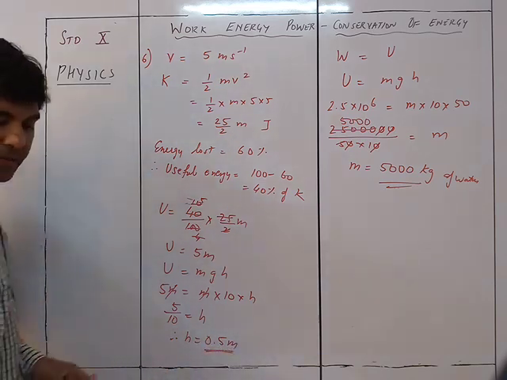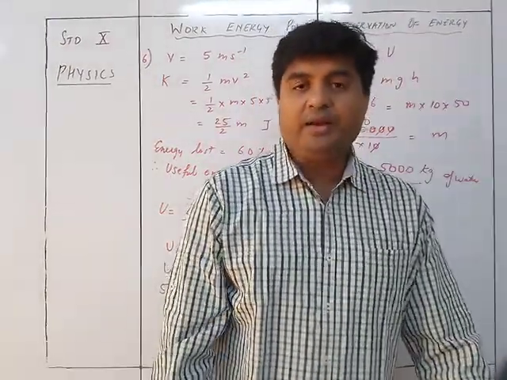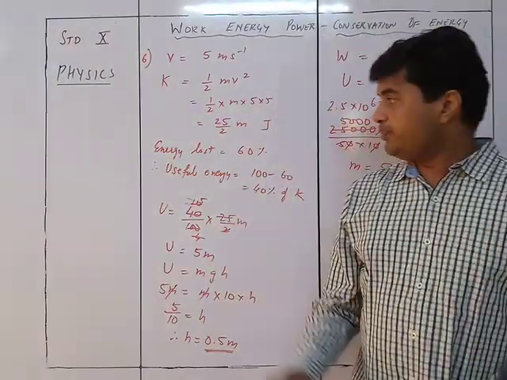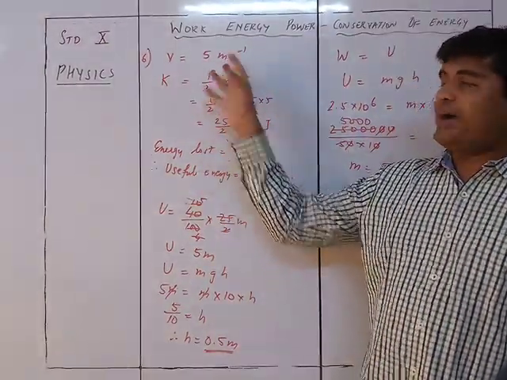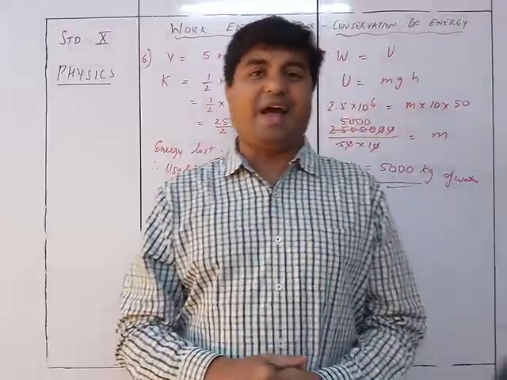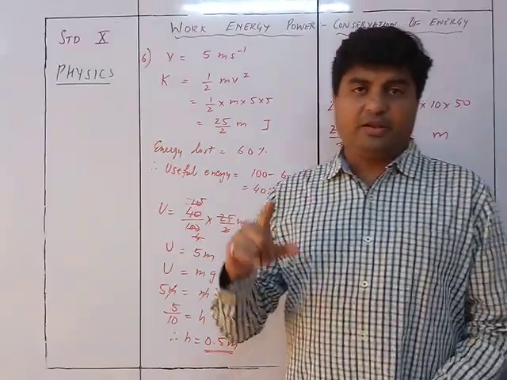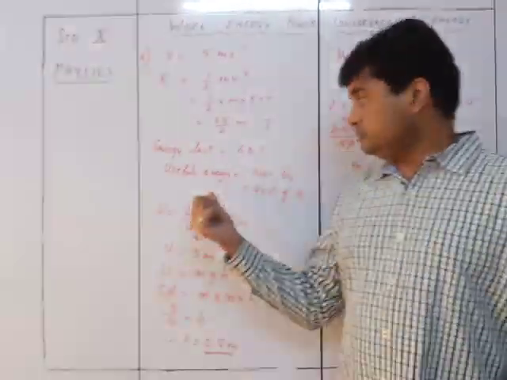So the pendulum will go up to a height of half a meter when it has got the velocity of 5 meter per second. It has been hit by a velocity of 5 meter per second and there is an efficiency of only 40%. That means loss of energy 60%.